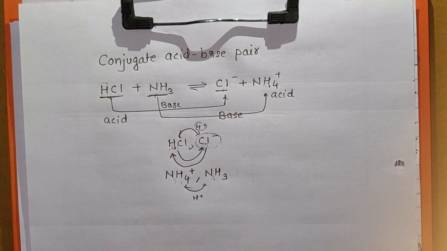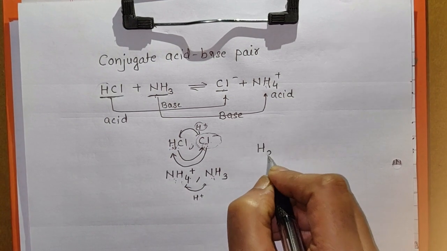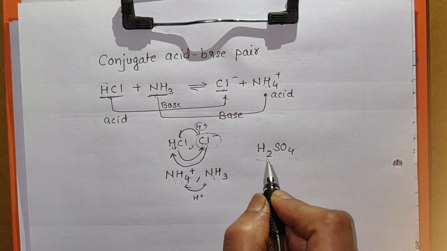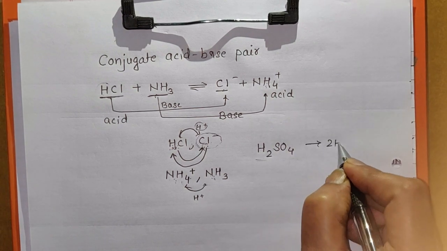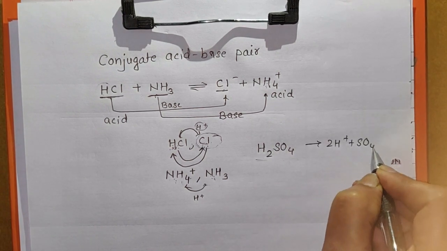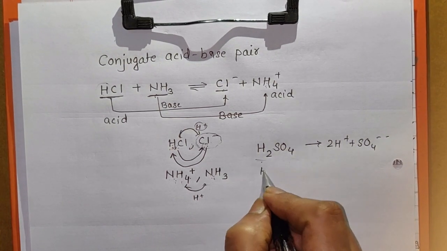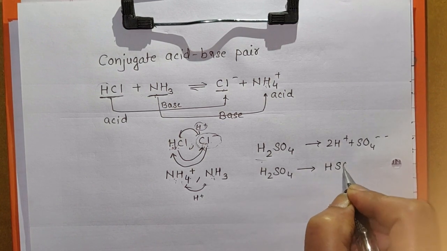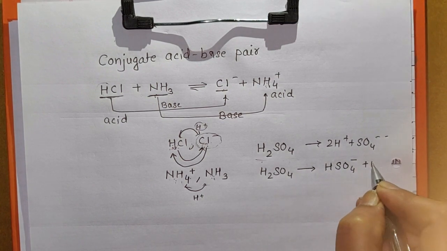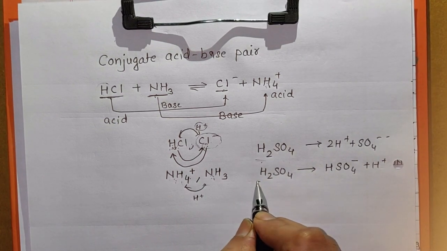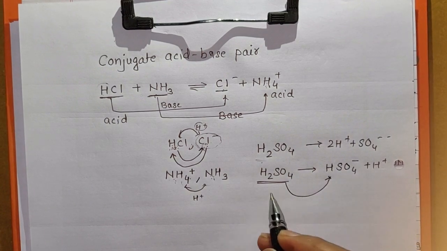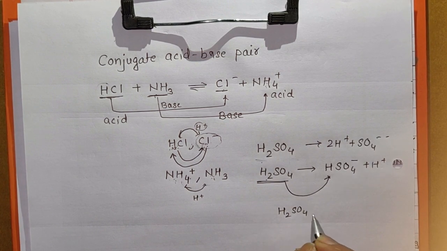Remember, only 1 proton. For example, we have seen H2SO4 is an acid. It contains 2 protons, 2 H plus ions, because H2SO4 ionizes to give 2 H plus and SO4 minus minus. But H2SO4 by losing 1 proton gets converted into HSO4 minus and H plus. So remember, the conjugate base of H2SO4 is HSO4 minus. H2SO4 and HSO4 minus is a conjugate acid base pair.